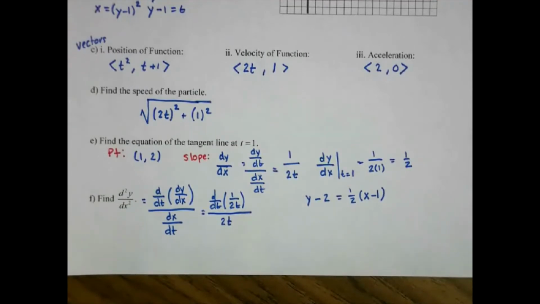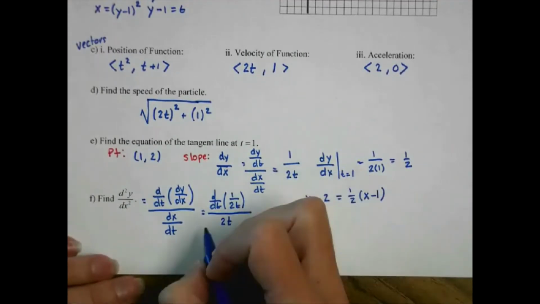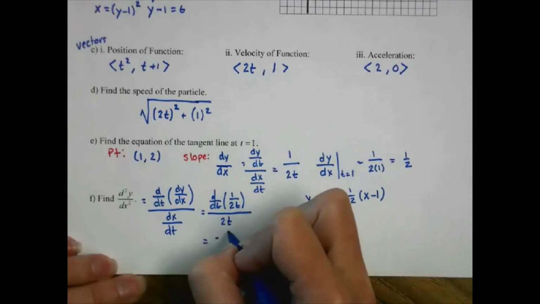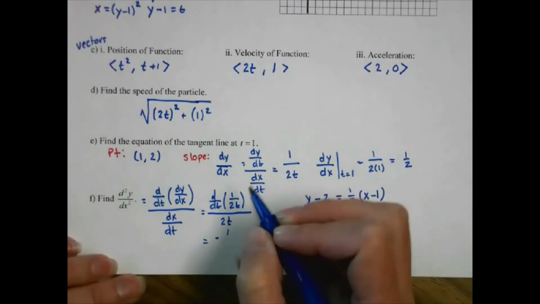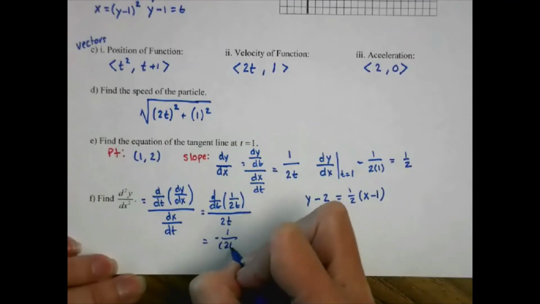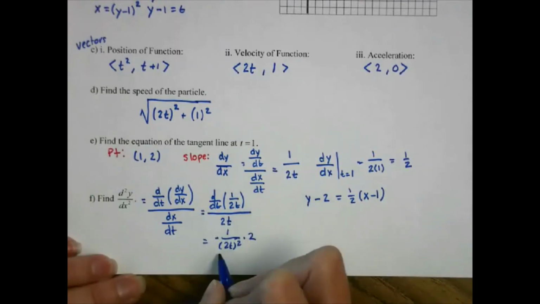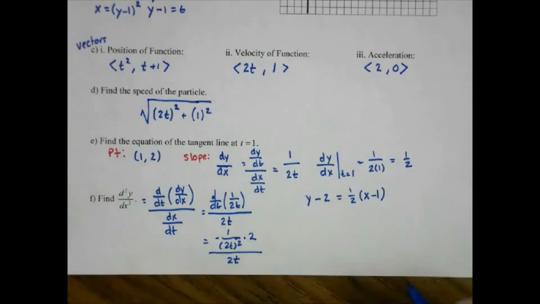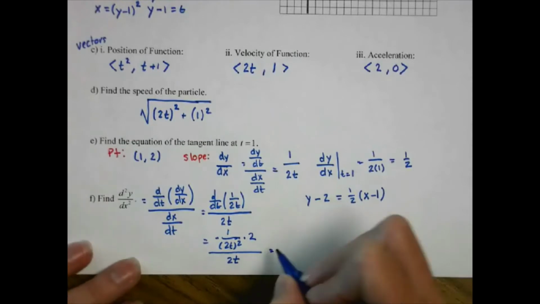The derivative of 1 over 2t is going to be negative 1 over (2t) squared times the derivative of the inside, so 2 over 2t. We can simplify this if we want.